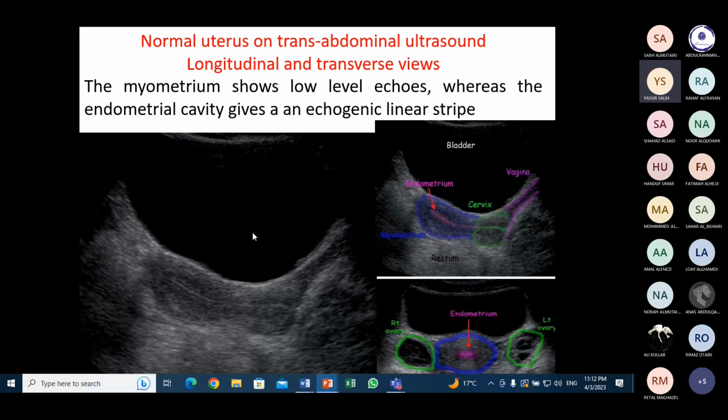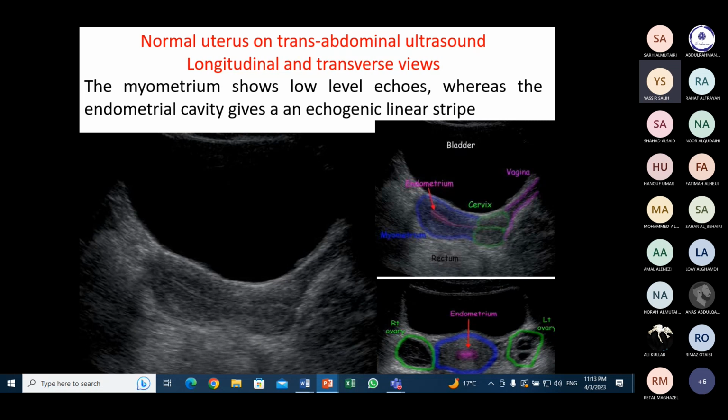So what is this technique? Is it transabdominal ultrasound or transvaginal ultrasound? This one is transabdominal.